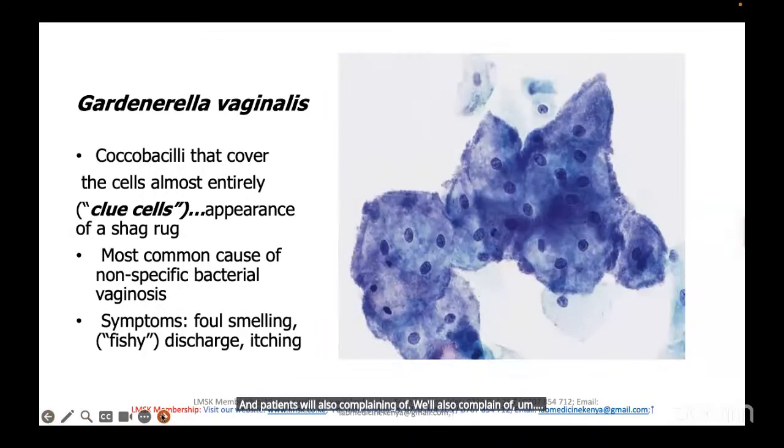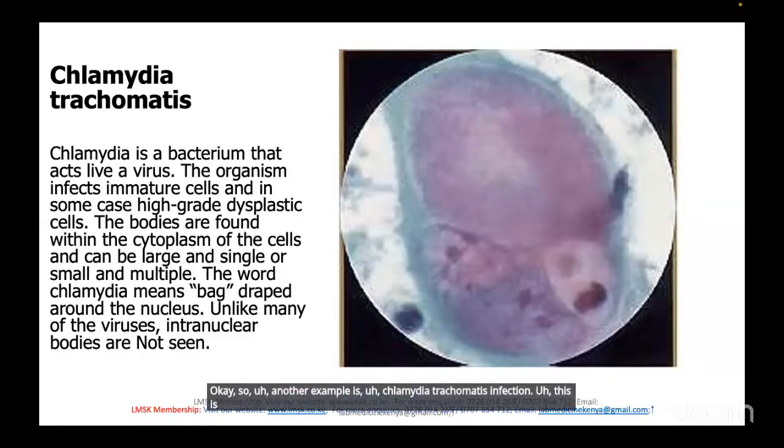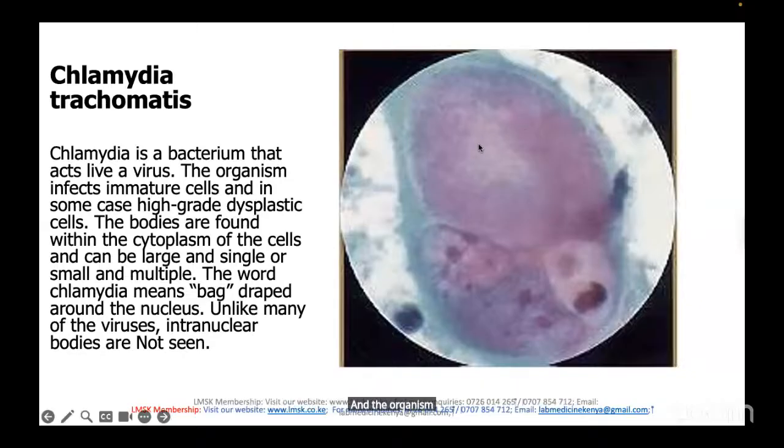Okay, so another example is Chlamydia trachomatis infection. This is caused by Chlamydia, a bacterium that acts like a virus, and the organism infects immature cells, and in some cases high-grade dysplastic cells.